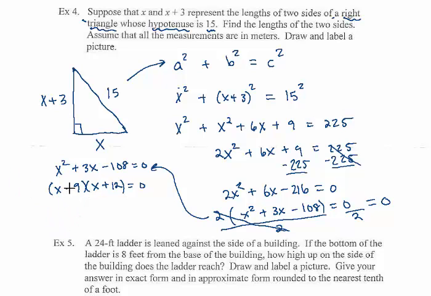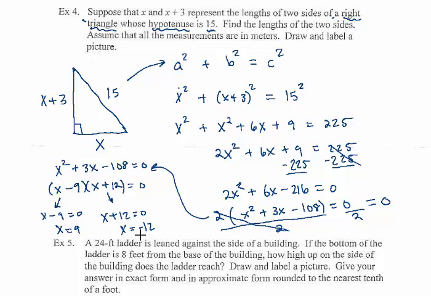Alright. At this point, you break it apart into 2 separate equations. An x plus 12 equals 0 and an x minus 9 equals 0. This equation gives us a negative 12, and this one gives us a plus 9.